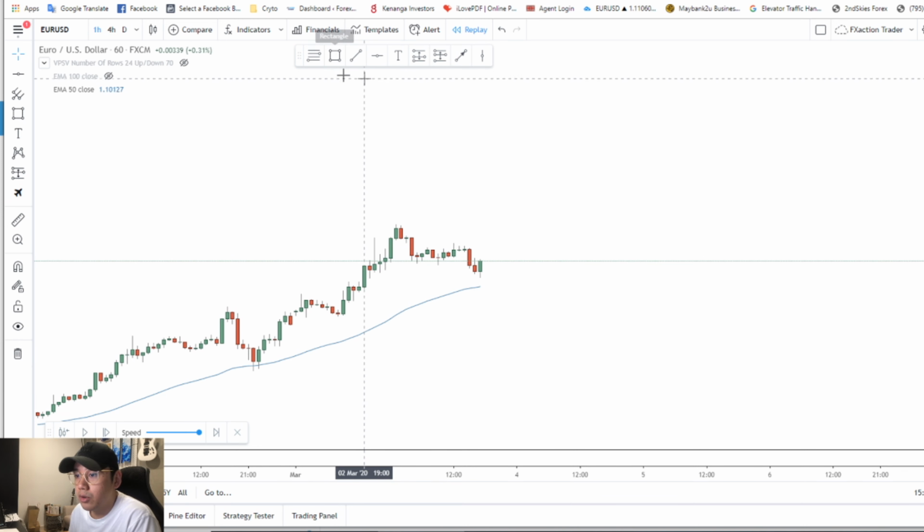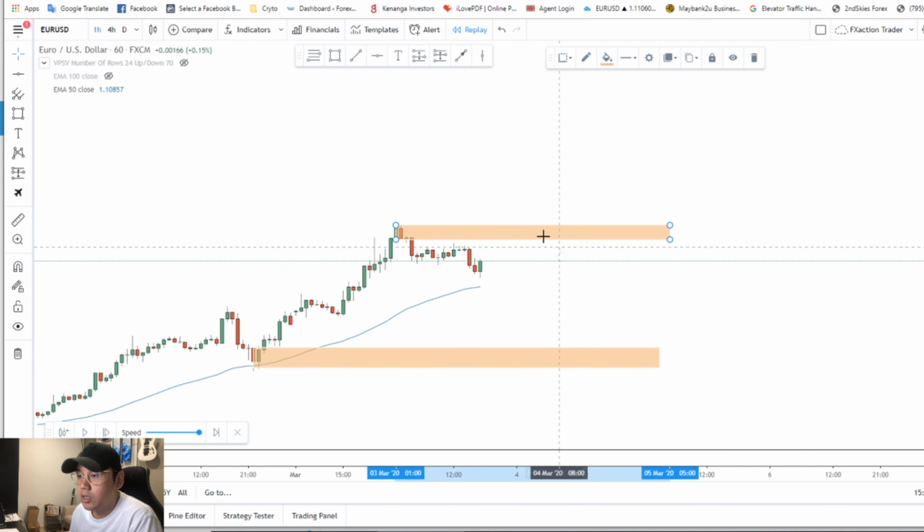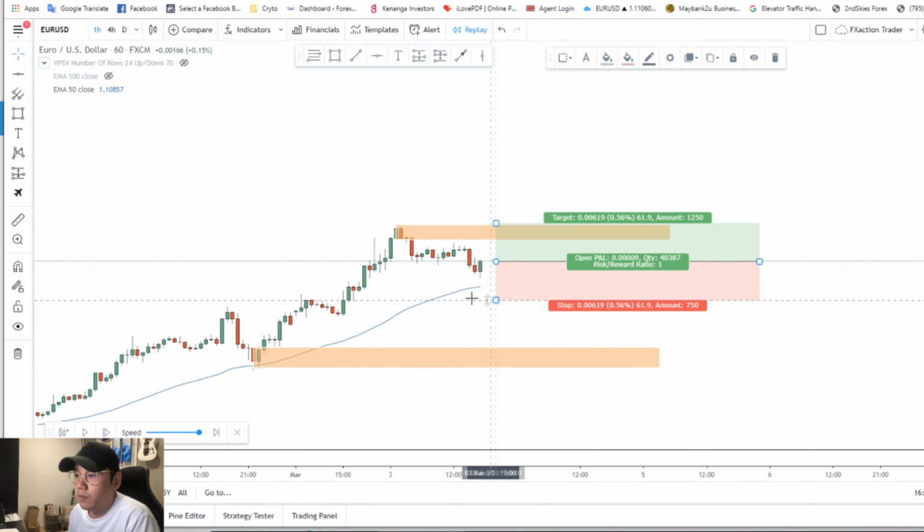I will go for a buy, because we know that the previous lower high is here and the previous higher high is over here, and this fulfills our first criteria. Our entry is aligned with the buy trend, because we are looking for a buy trade in an uptrend, and the third criteria is fulfilled because we have the signal above the EMA 50. So let's say we go for a buy trade.